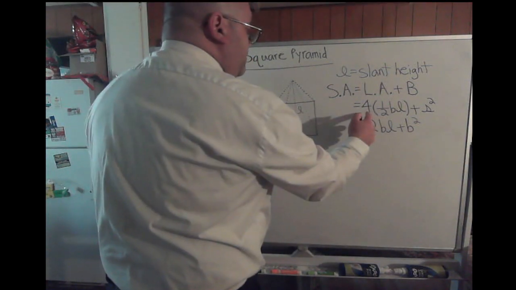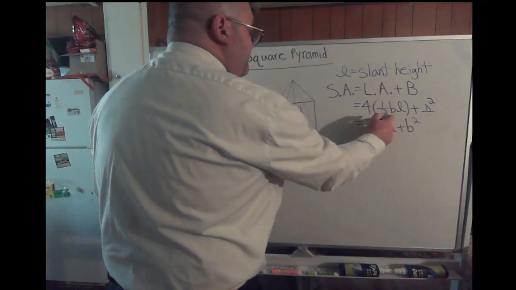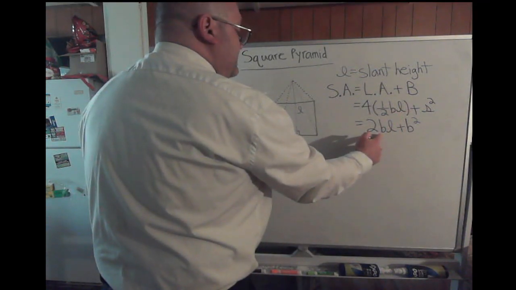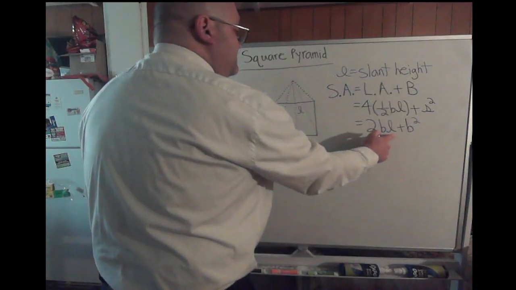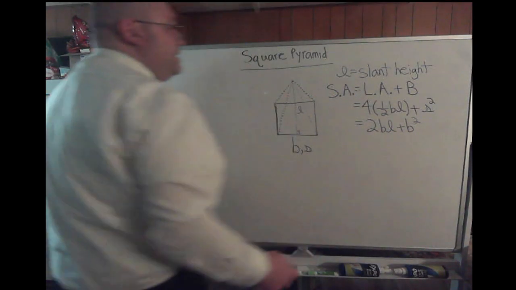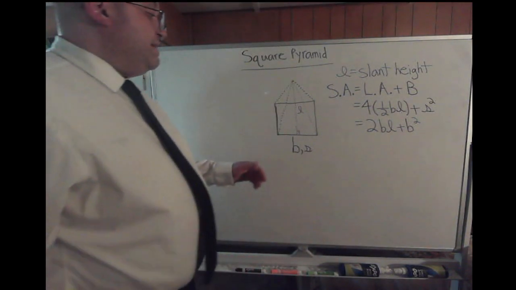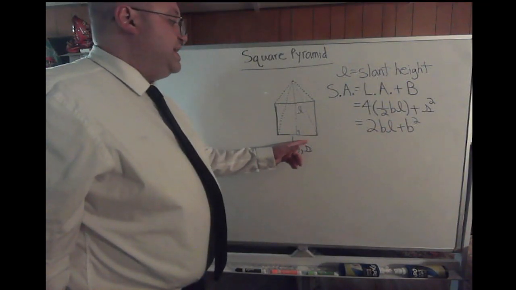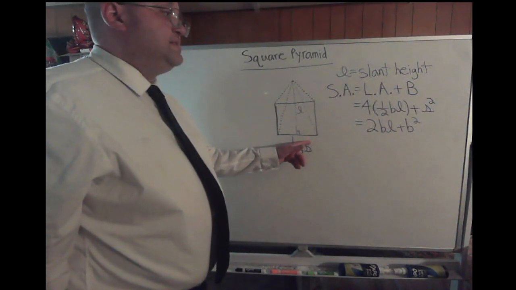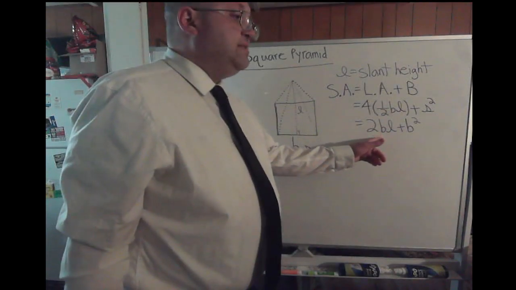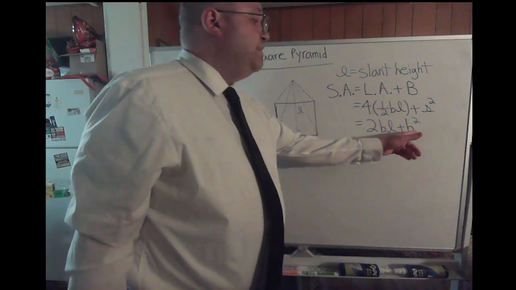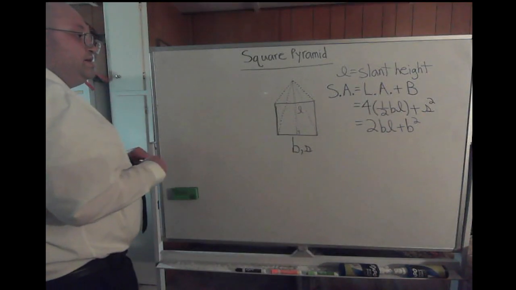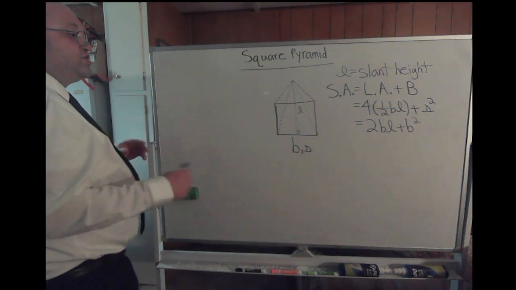Well, when we do 4 times half the base times the slant height, we get twice the base times the slant height, plus we can use the fact that the base of the triangle is also the length of the side of the square base. So we could do twice the base times the slant height plus the base squared. That's how you'll get the surface area formula for a square pyramid.